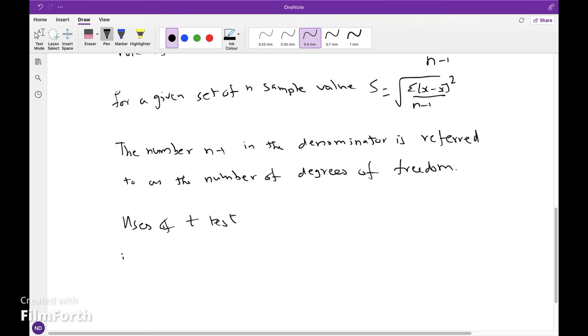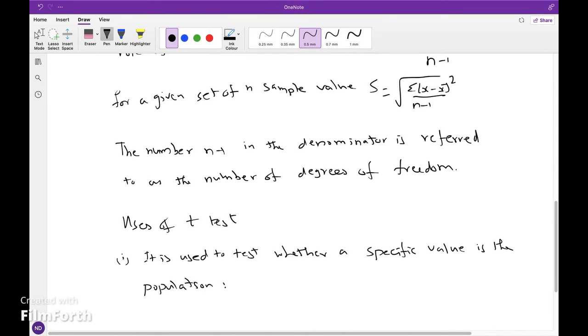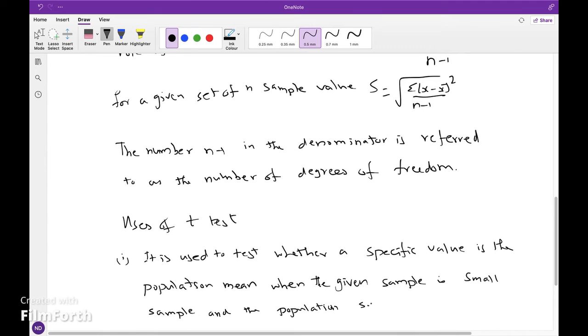Test of hypothesis: it is used to test whether a specific value is the population mean when the given sample is a small sample and the population standard deviation is not known.